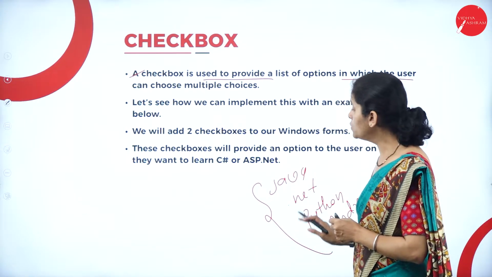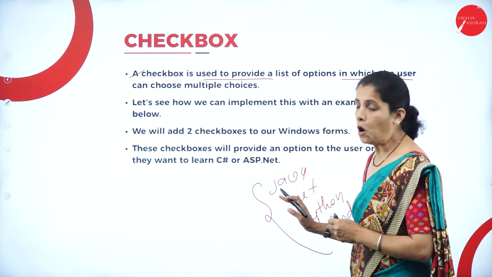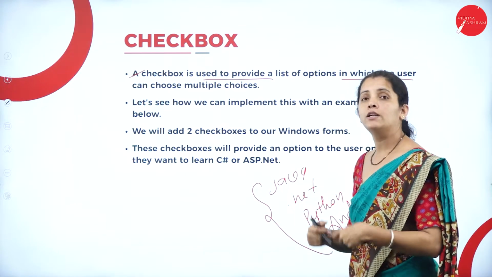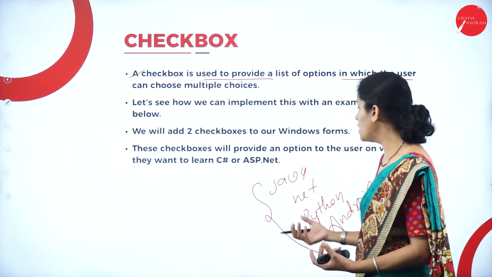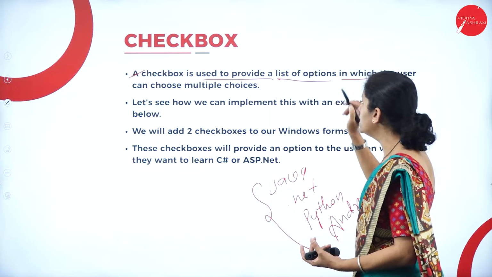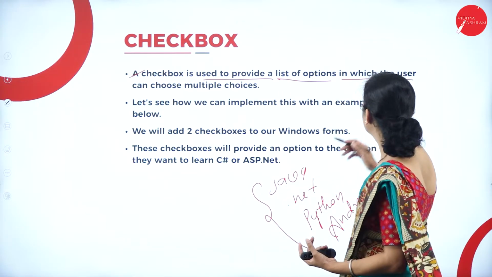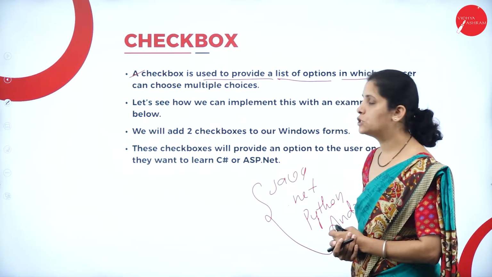Now I'm going to allow the user to select 4 options, or they can select 2 options or 1 option or 3 options. So here I'm going to provide a list of options in which the user can choose multiple choices.